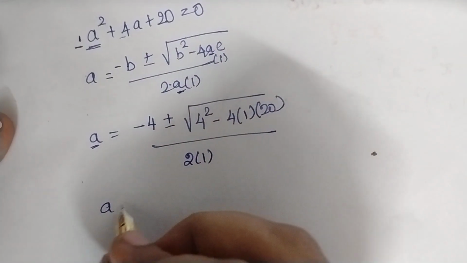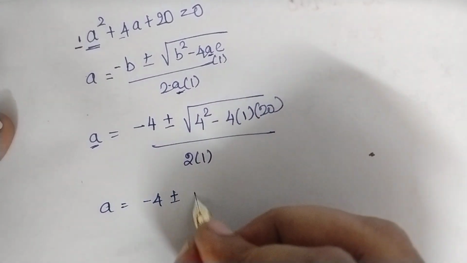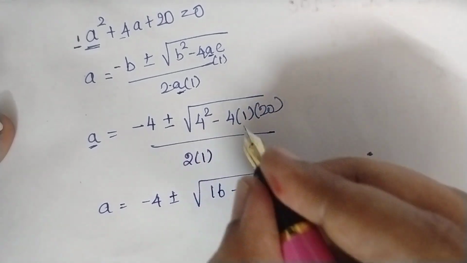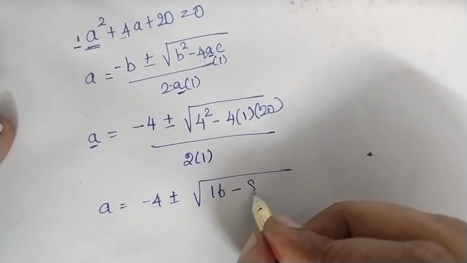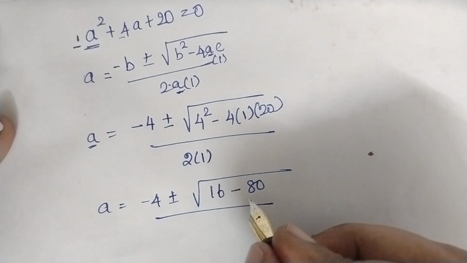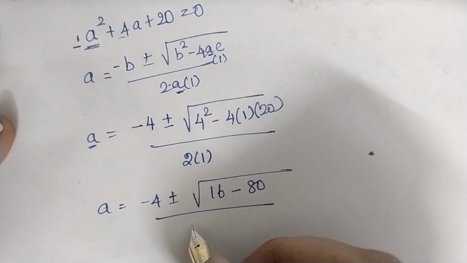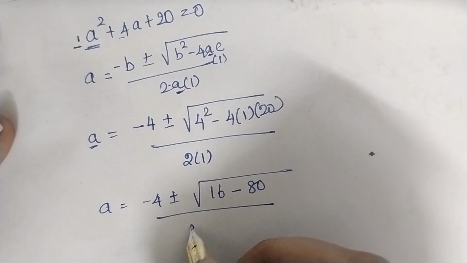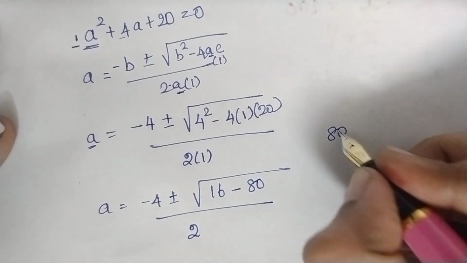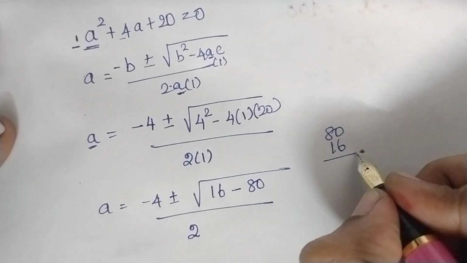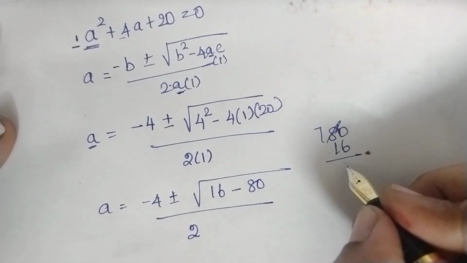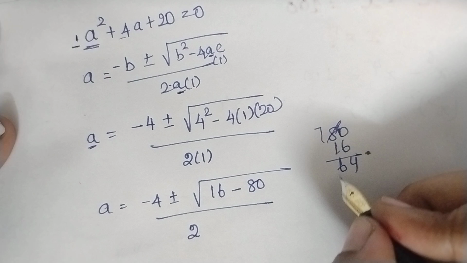So now a is equal to minus 4 plus or minus the root of 4 square, which is 16, minus 4 into 20, which is 80, divided by 2. Okay, now 16 minus 80 is minus 64.